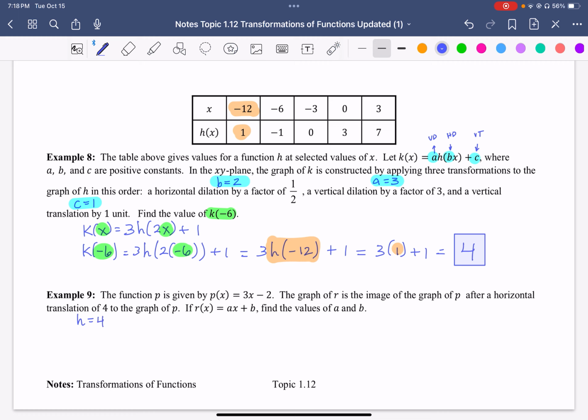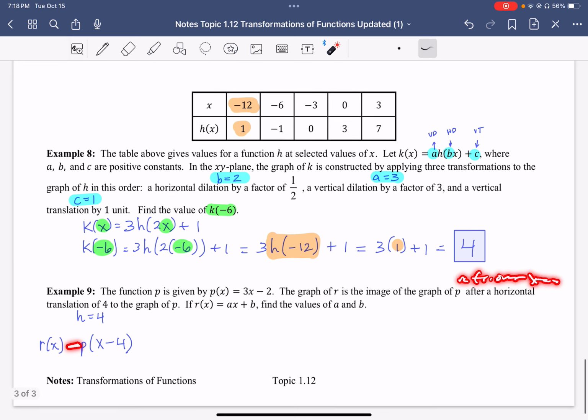So I'm going to do r of x is equal to p. Horizontal translations are inside the parentheses. So if I want to move this over, it'll be x minus 4. Okay, now that's all they said. That's the only transformation that happened. If there were more transformations, for example, if they said and a reflection over the x-axis, then I would do negative p of x minus 4.